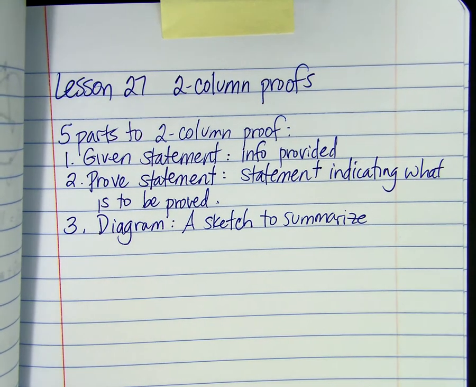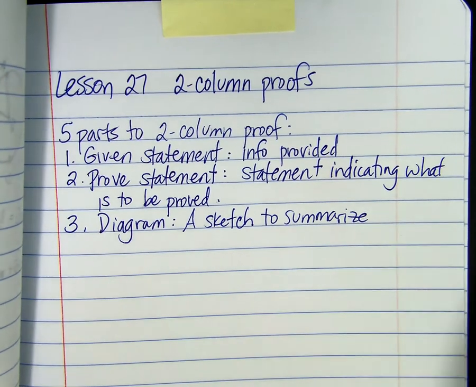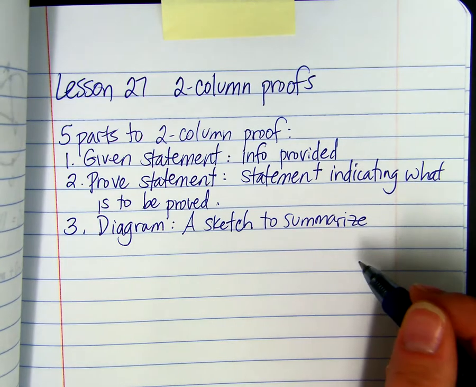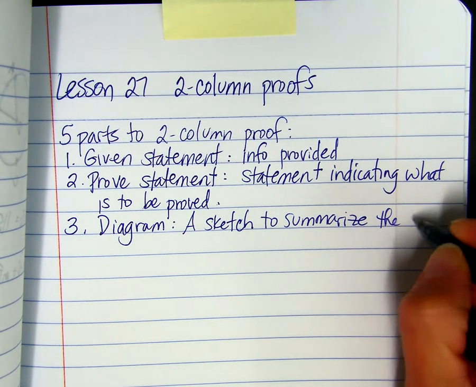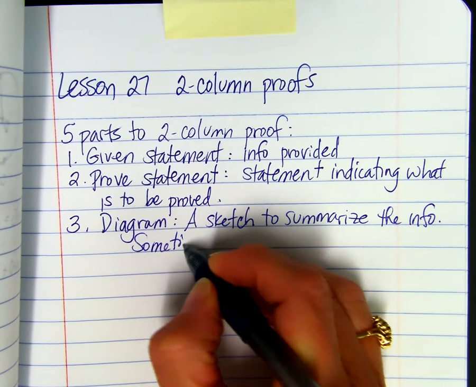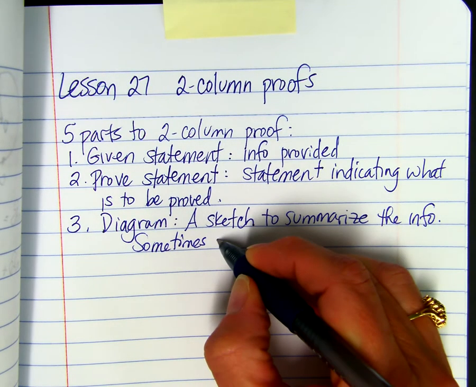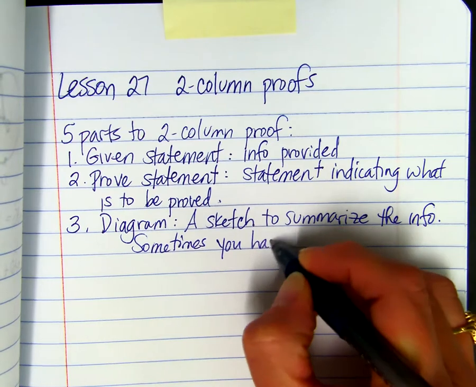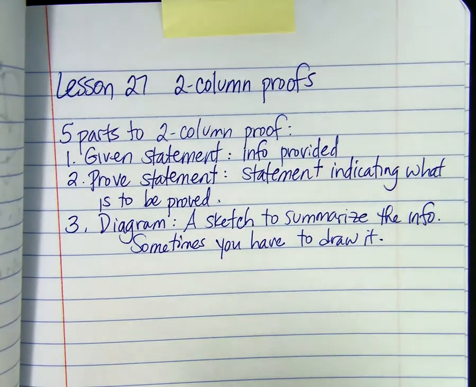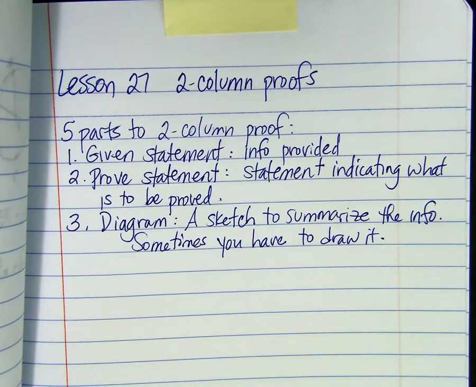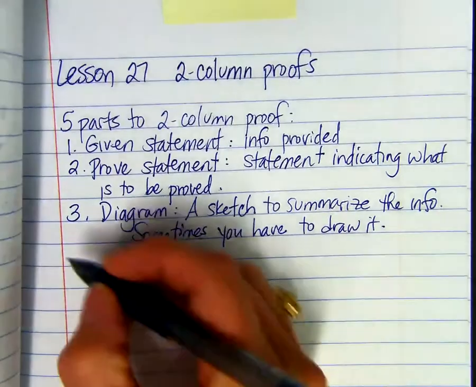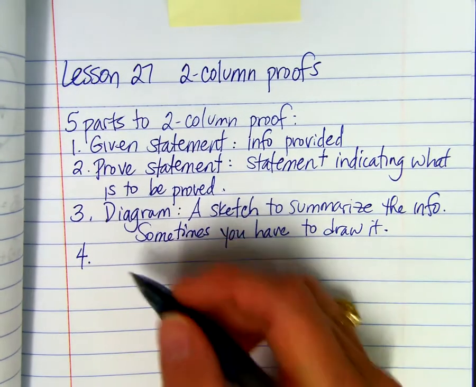You can include what's in the diagram as part of your given statement in the proof itself. Sometimes you have to draw the diagram, which I highly recommend if they're giving you information that would be better understood in a picture.